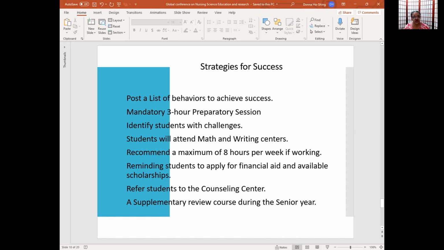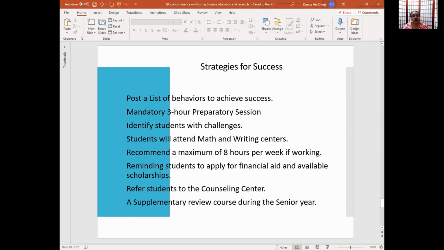And also, that would be looking at students who were getting grades of C+ and below in their courses. And finding out what was the issue, maybe recommending them to the math and writing centers, because we realized that it was difficult for students to do math, and their writing needed some help.